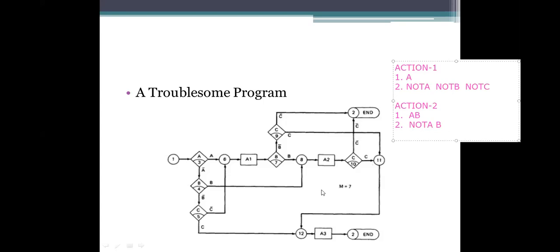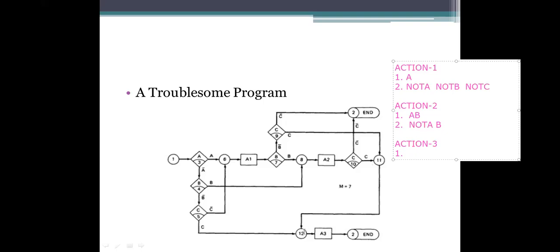And we are having another one. Here is action 3. Sorry, action 3.